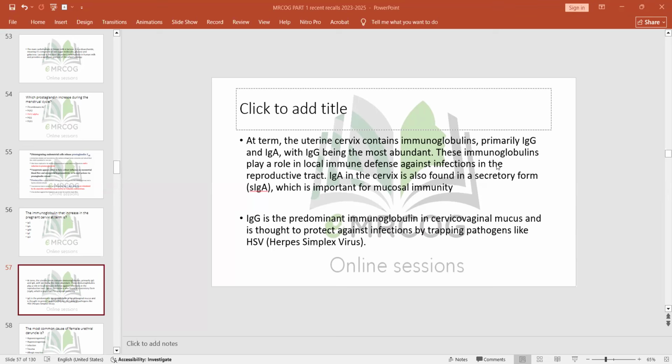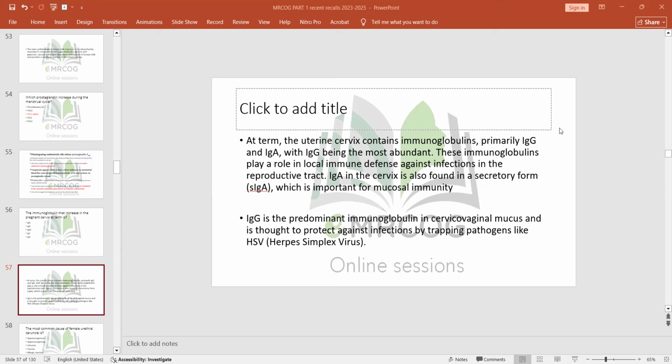Second thing is, there are two types of IgA actually. The secretory form of IgA, which is the most abundant one, it's there. But it's more predominantly in secretions, not on the surface.